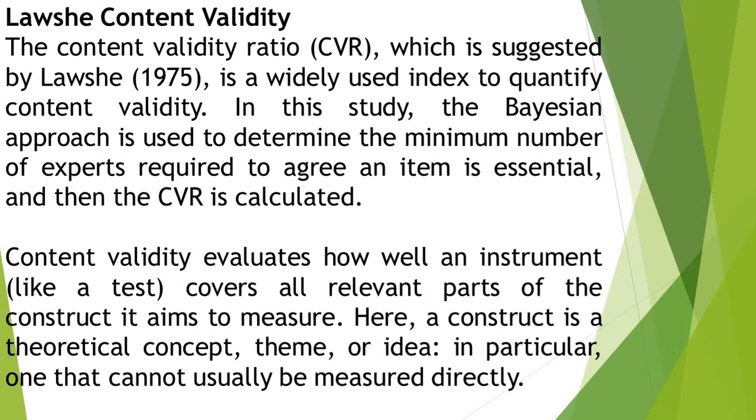Content validity evaluates how well an instrument, like a test, covers all relevant parts of the construct it aims to measure. Here, a construct is a theoretical concept, theme, or idea, in particular one that cannot usually be measured directly.